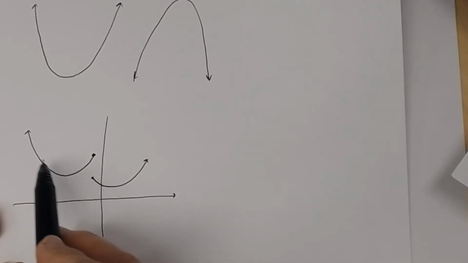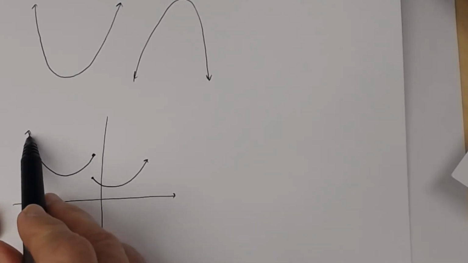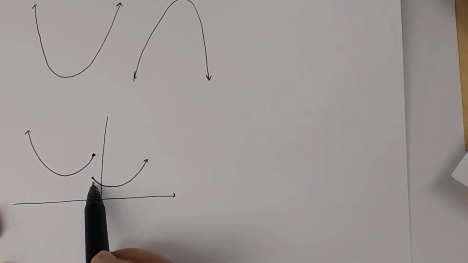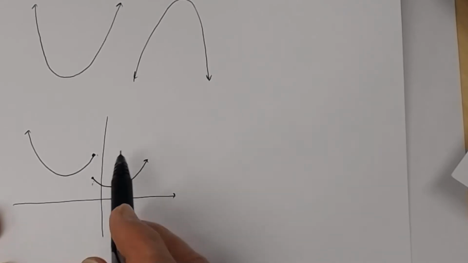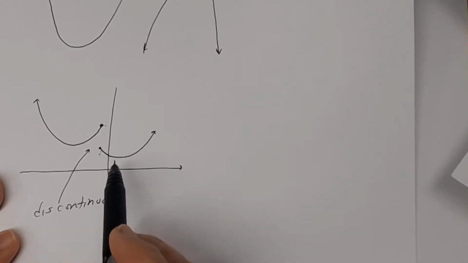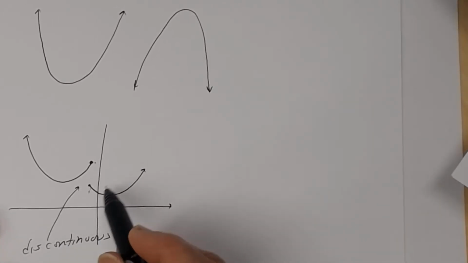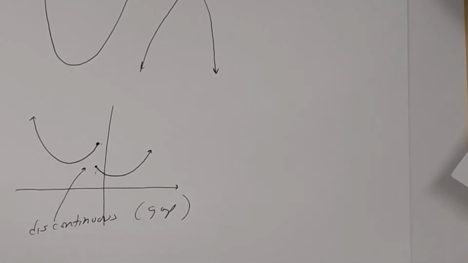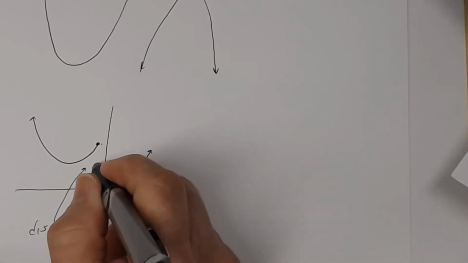Notice that when I draw this piece, I have to jump over here to get to that piece. So this is discontinuous. It's not continuous like these are. There's a jump, there's a gap. There's a gap in the graph.